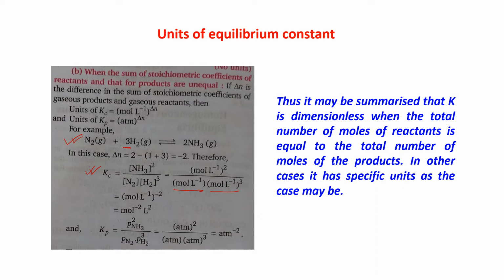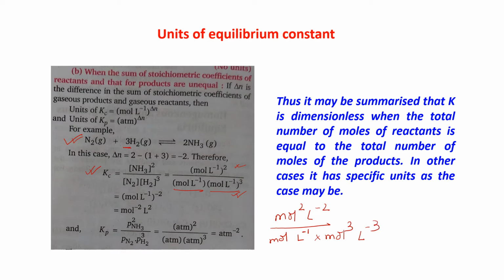Now calculate this one. Let me calculate here. What we are getting, this one, I am getting mole square liter minus 2 divided by, this is mole liter minus 1, and for this one it is mole cube liter minus 3.